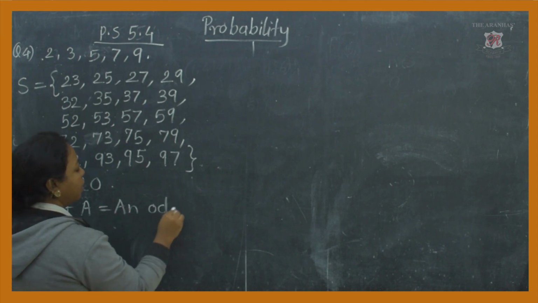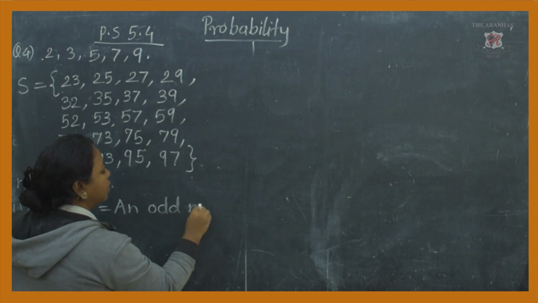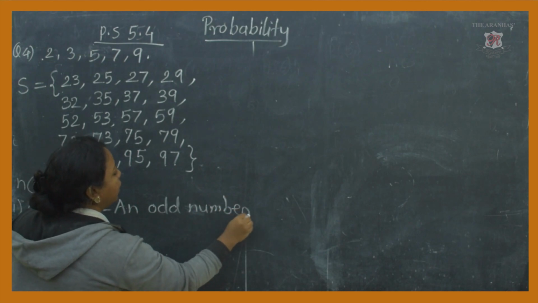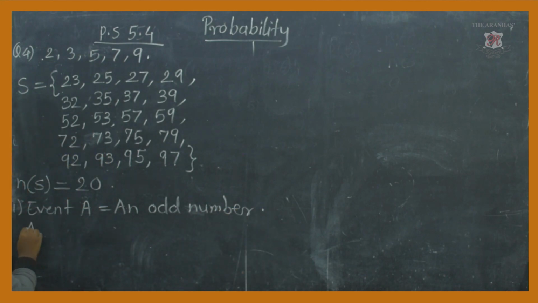We have to check the probability where we are getting all odd numbers, which are not divisible by 2.